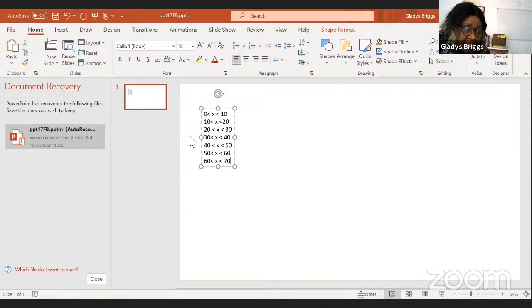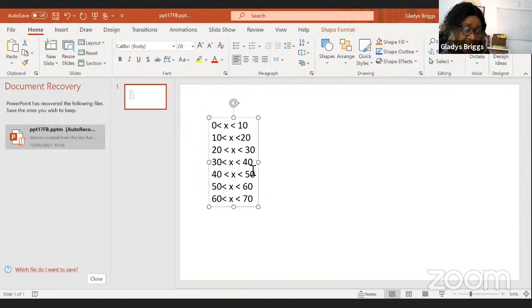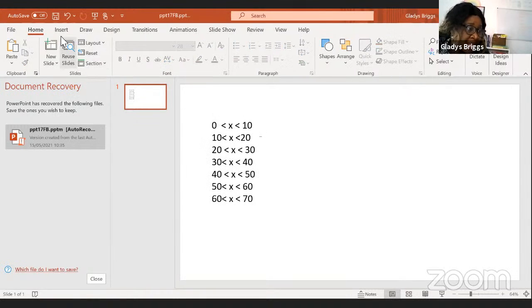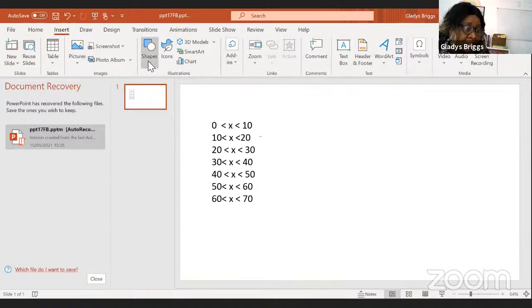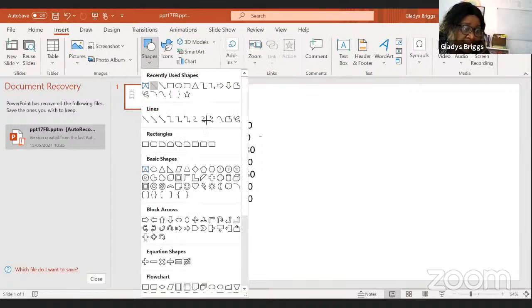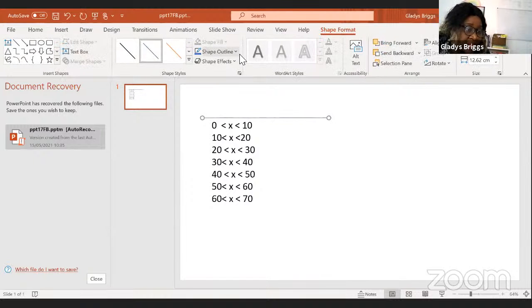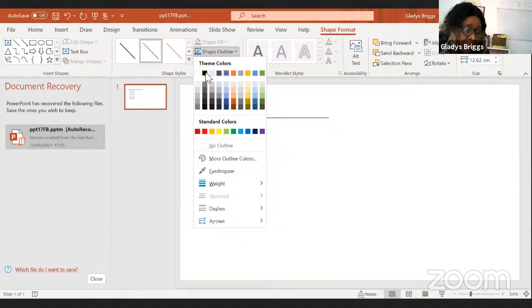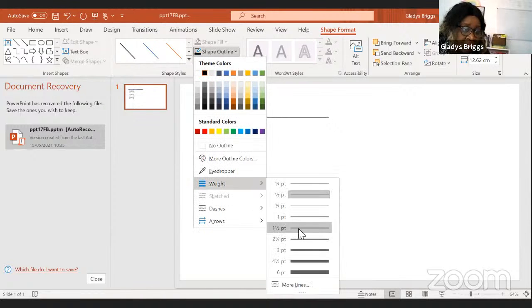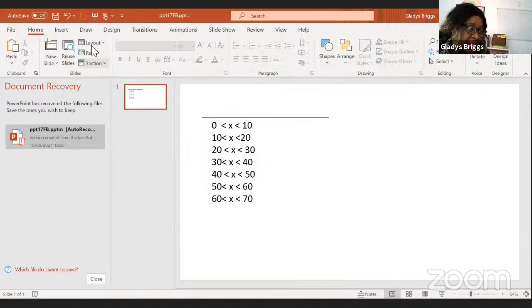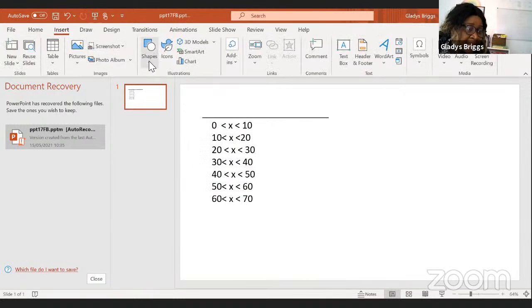Okay, I did put the lines in. Right, what's this? A line. Why is it so tiny? Okay, let's put another one in.